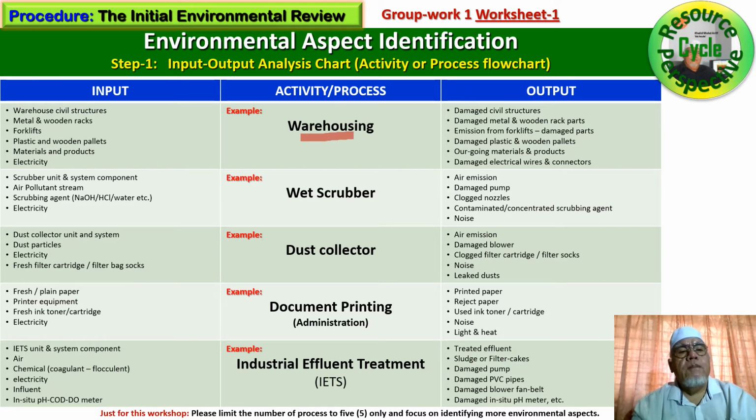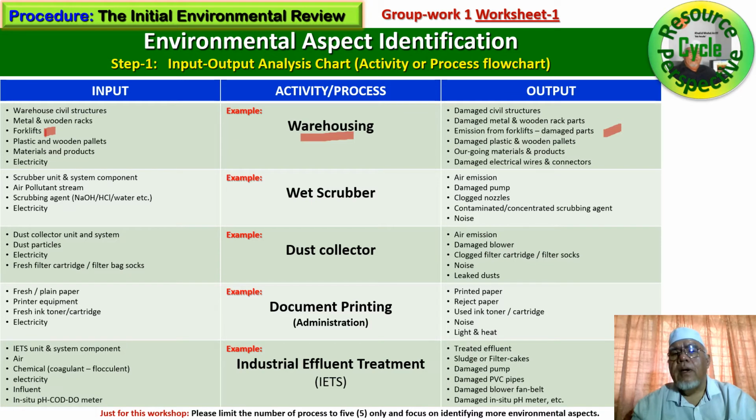So what are the inputs? All these materials are input: warehouse, civil structures, metal, wooden racks, forklifts, plastic and wooden pallets, materials and products, etc. These are entering the warehouse. And what leaves the warehouse are damaged civil structures because they have to do repair, damaged metal and wooden rack parts, emissions of forklift. There's a forklift here too as input. So what is output?